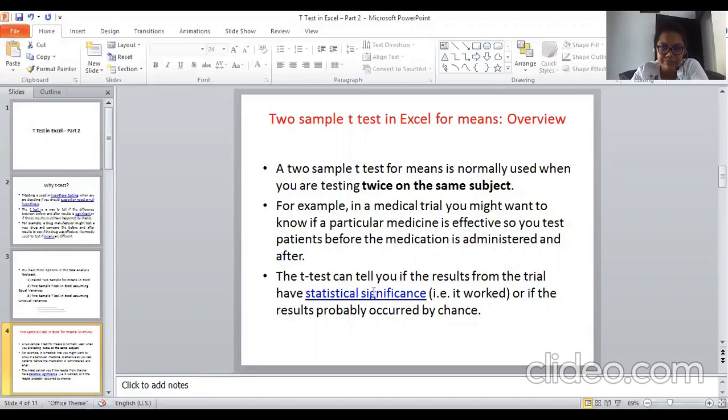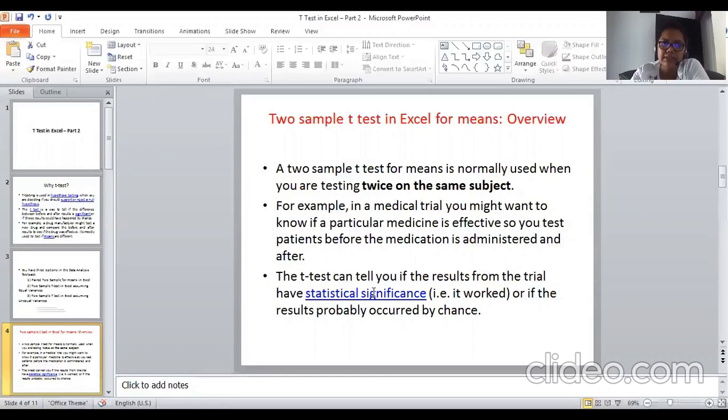There are three basic types of t-test readily available in Excel, but out of those three, if you are going to test twice on the same subject, you are recommended to use the two sample t-test in Excel for means.